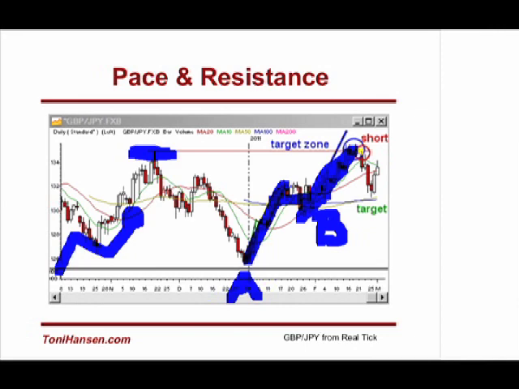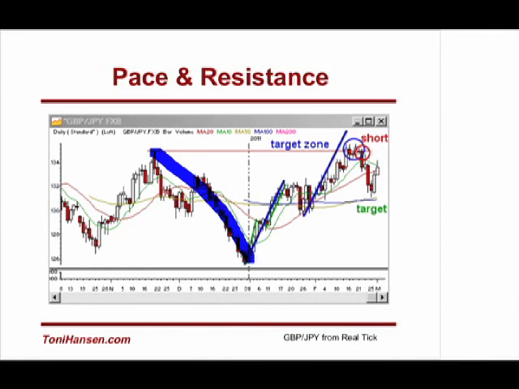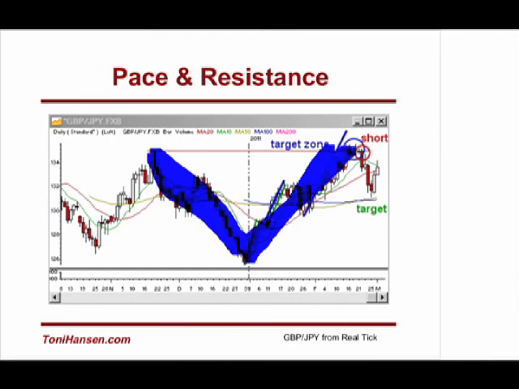Let me clear this so you can see what I'm talking about. A lot of times when you've got a V bottom and the overall momentum of each of these moves is very similar, it's very difficult for it to break past that previous high to any real degree.